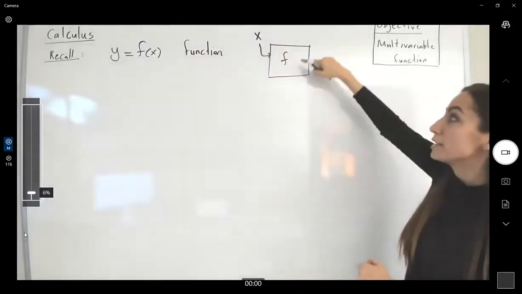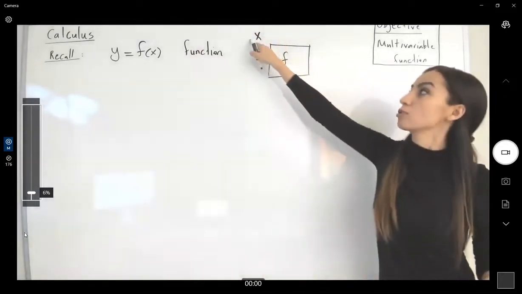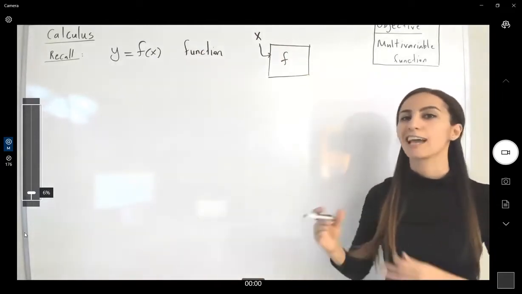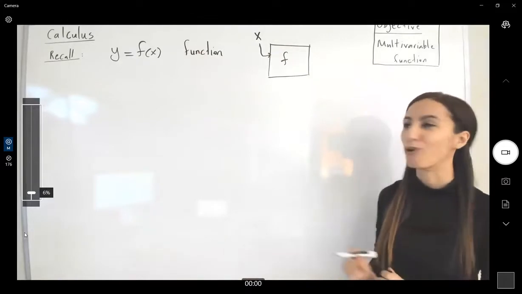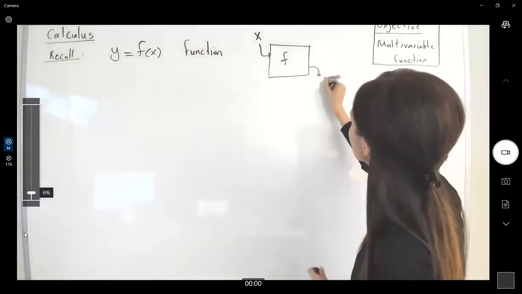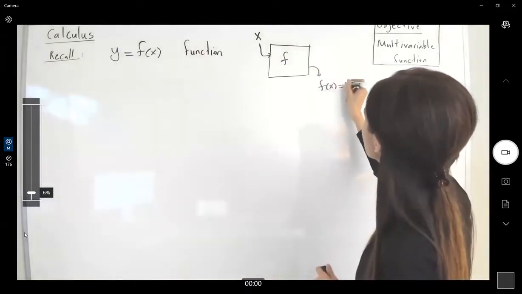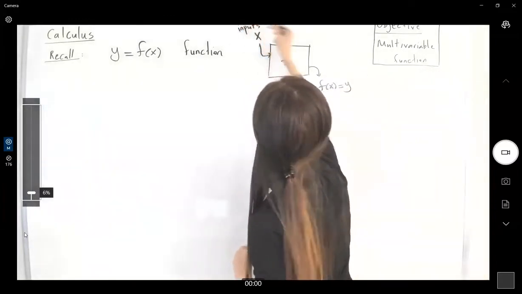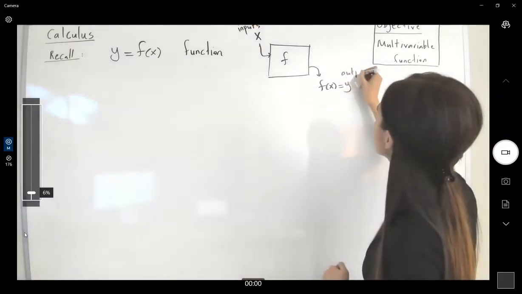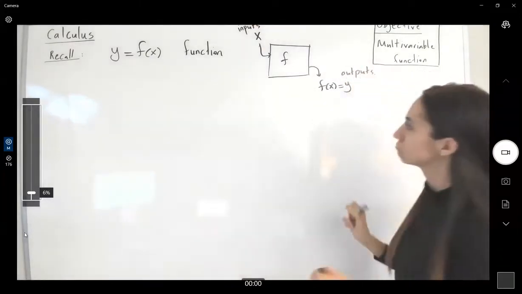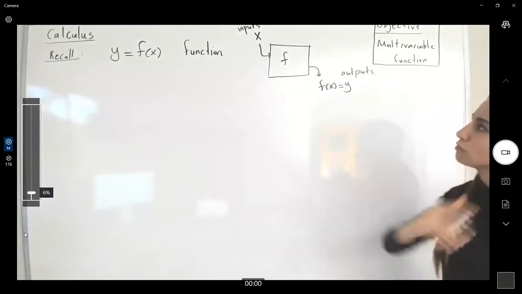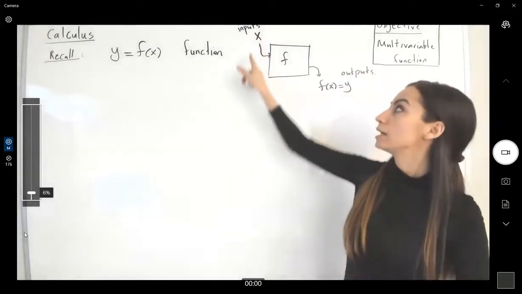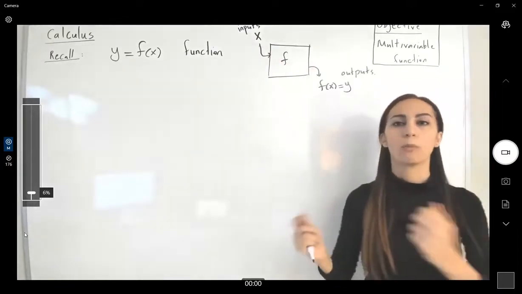And then this machine changes those x values and gives you some outputs like f of x or y. So these are your inputs, and these are your outputs. Very well. So we say that all the acceptable input values are the domain.